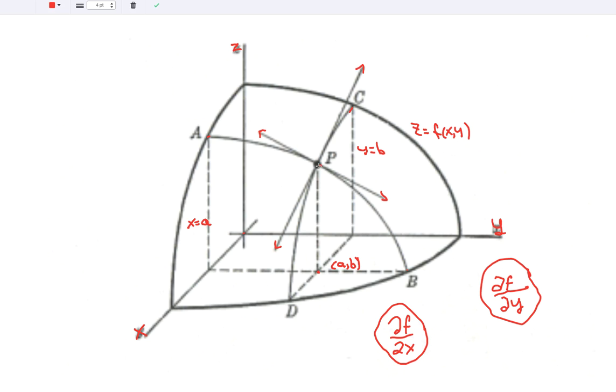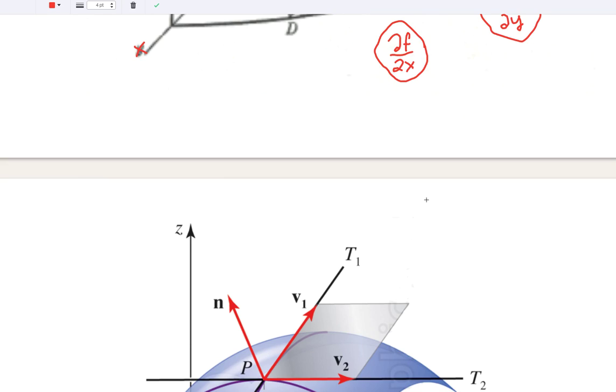But what actually goes into the calculation is only a and b. So this would be evaluated at a, b, and that will give you the slope of this second line right here. Does that make sense? So you understand partial derivatives?